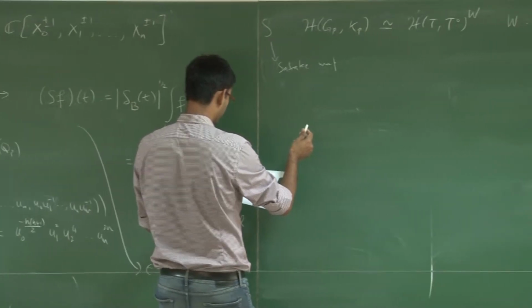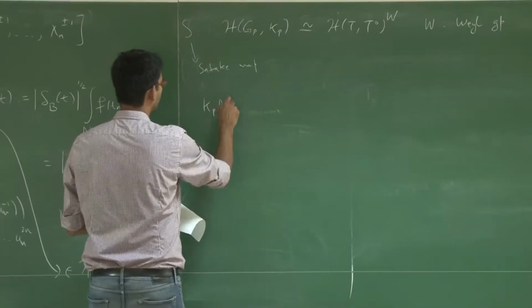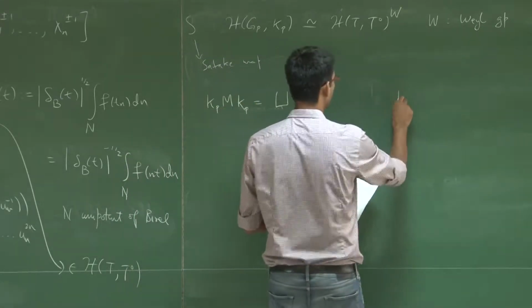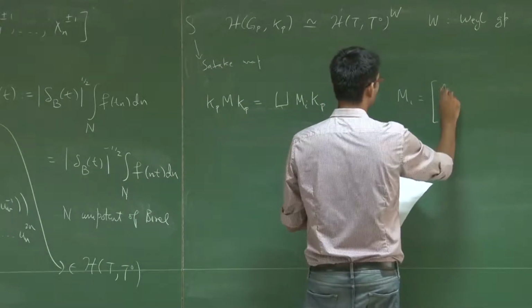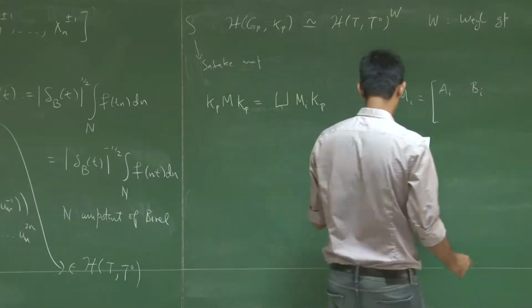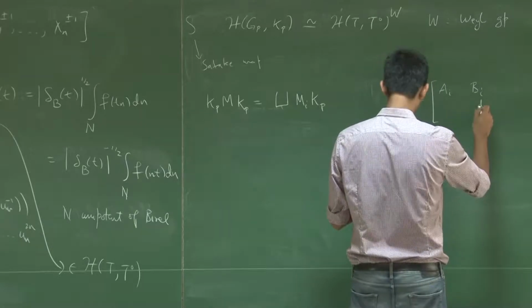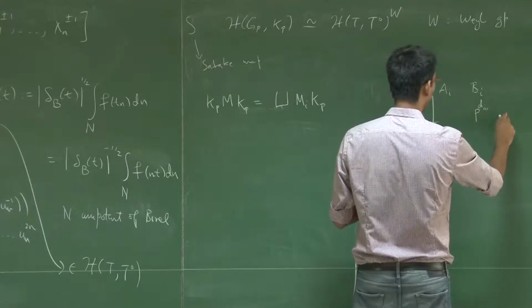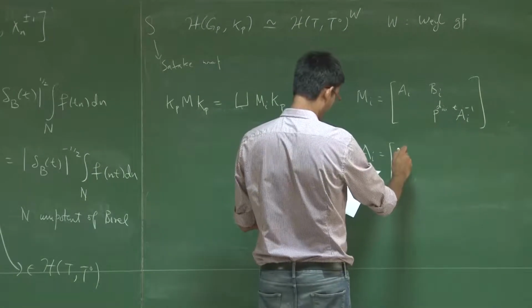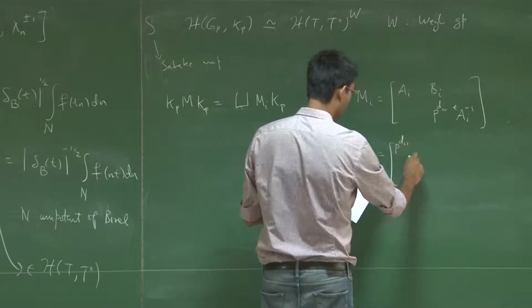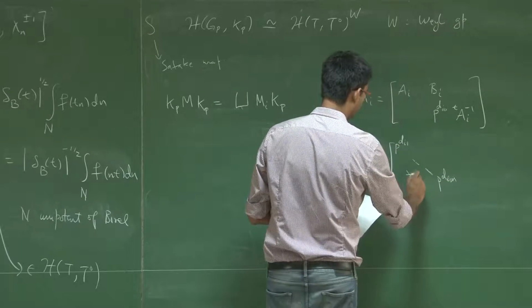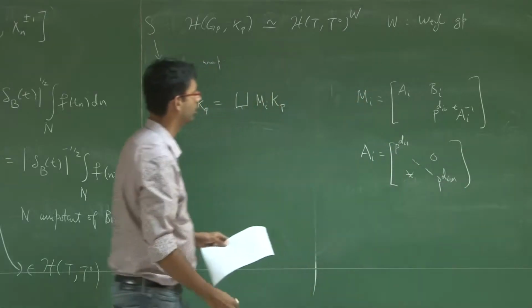So suppose Kp m Kp is the disjoint union of mi Kp, and notice what I'm doing now. I'm writing mi as ai bi, p to the d i0, ai transpose inverse, where the ai is given by lower triangular matrices now, p to the di1 going to p to the din, and there's bi here.